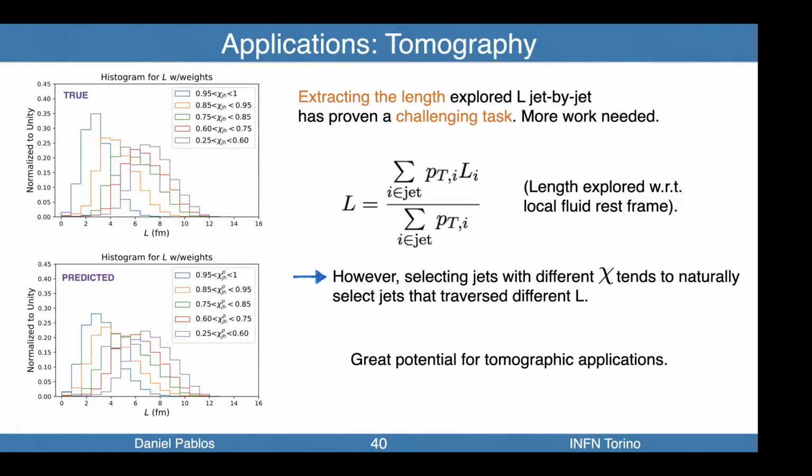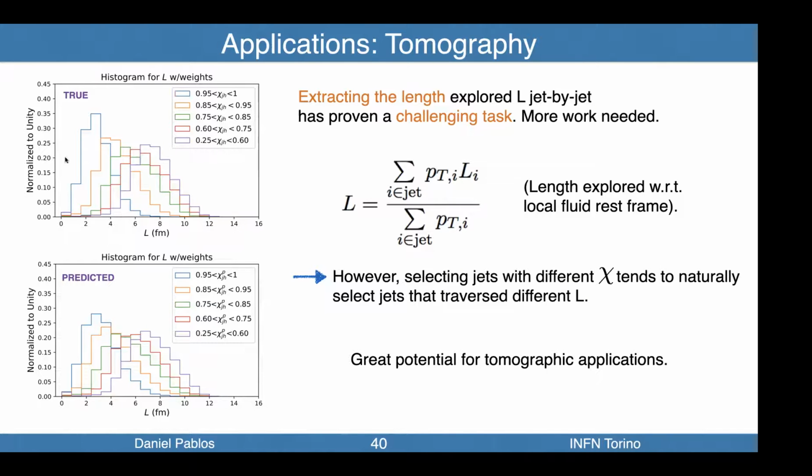Another thing that we can do with the energy loss ratio is some kind of tomography applications, or setting the base for future tomography applications. We try to extract the length directly, but this has proven a very challenging task.